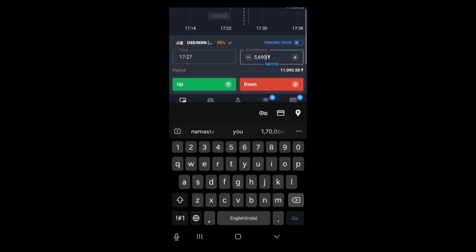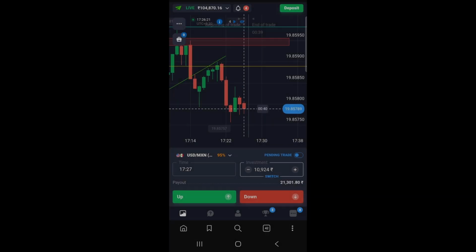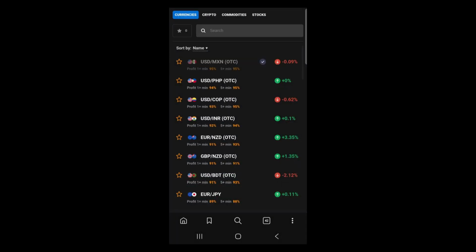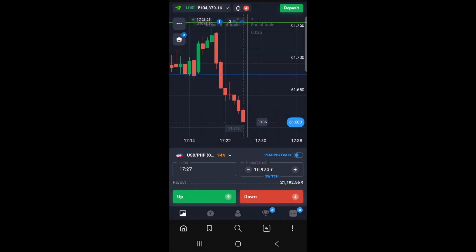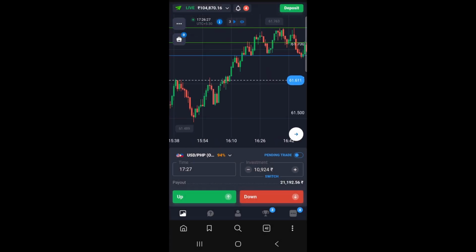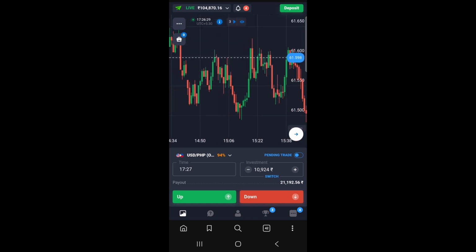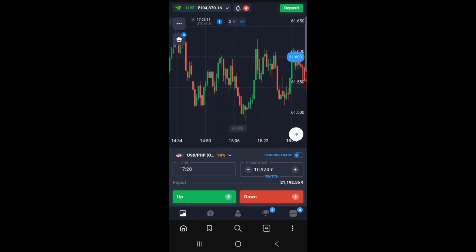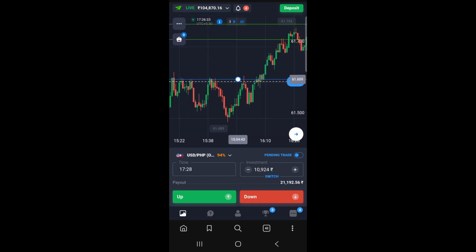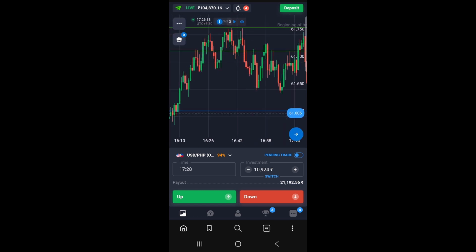Now I will try to do fifth step compounding if I get an opportunity in another currency pair. I will change the amount. So I will place it here because I am seeing an opportunity.